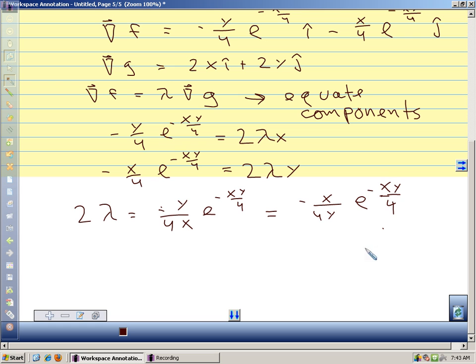What's that? Can you switch the fraction? Oh, you solved the other one. Right, I solved each of these for 2 lambda, and then I just set them equal to each other.